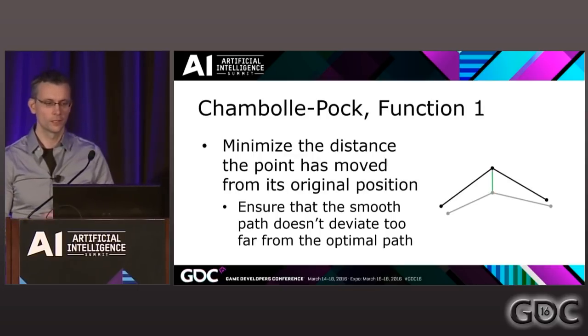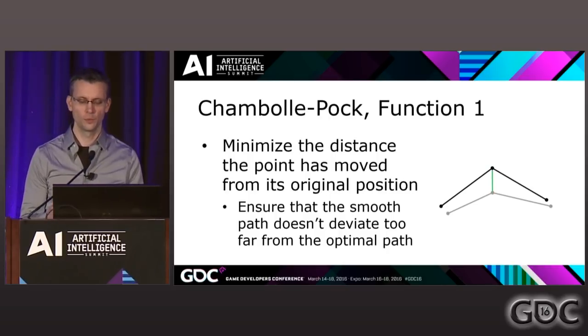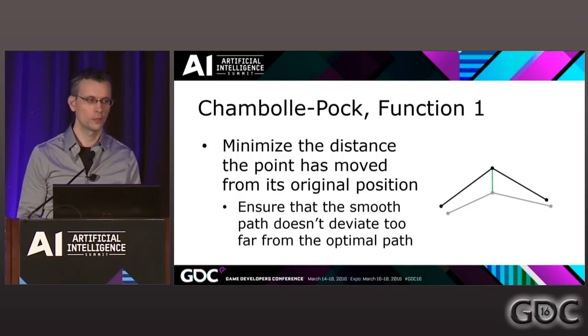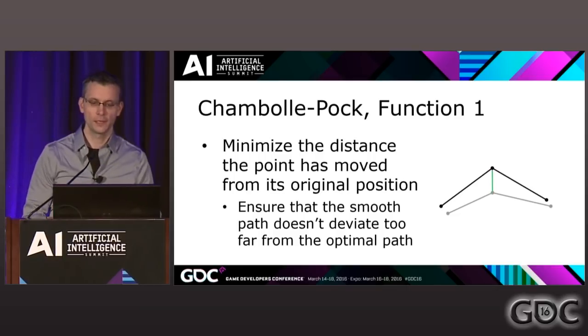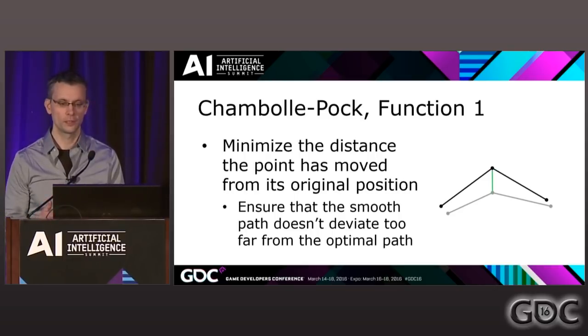So the first objective function's goal is to ensure that the smooth path doesn't deviate too far from the optimal path, because the optimal path is optimal, so that's good. But it's still not smooth. And the way we do that is that the first function tries to minimize the distance a waypoint has moved from its original position on the optimized path.